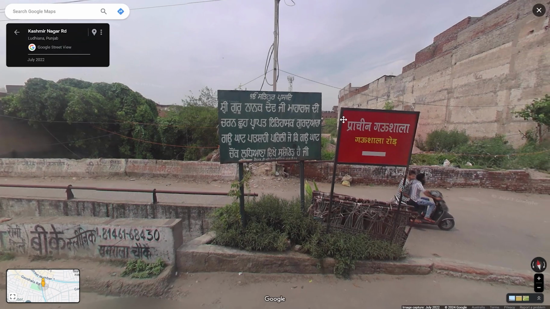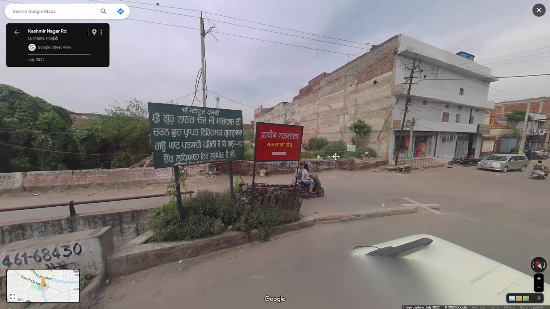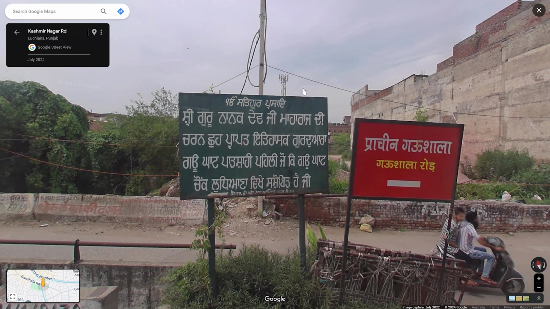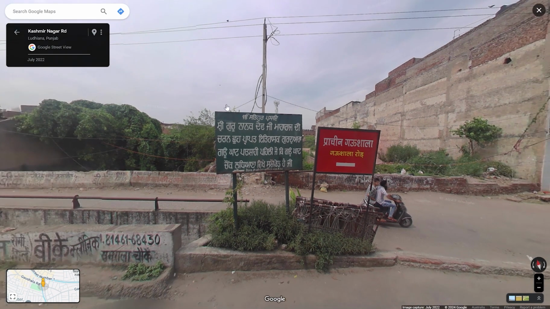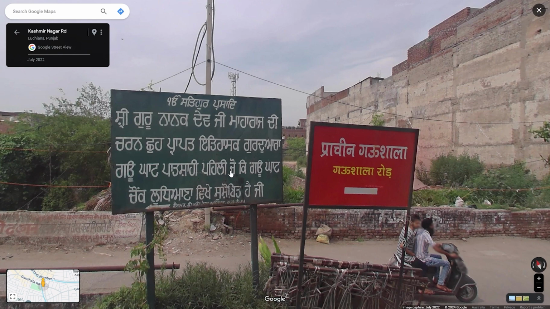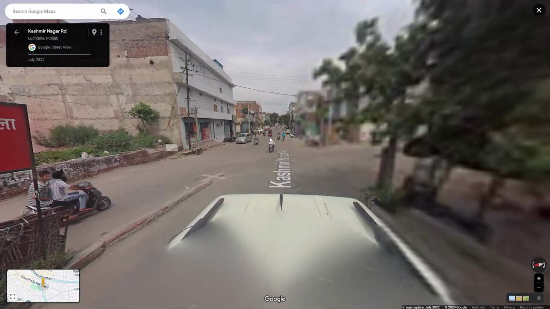So, just to show a quick example, this is a sign in Punjabi. You can see the Punjabi text here. This is in the Devanagari script. So yeah, you can see the difference between the two different characters used, those wishbone characters.